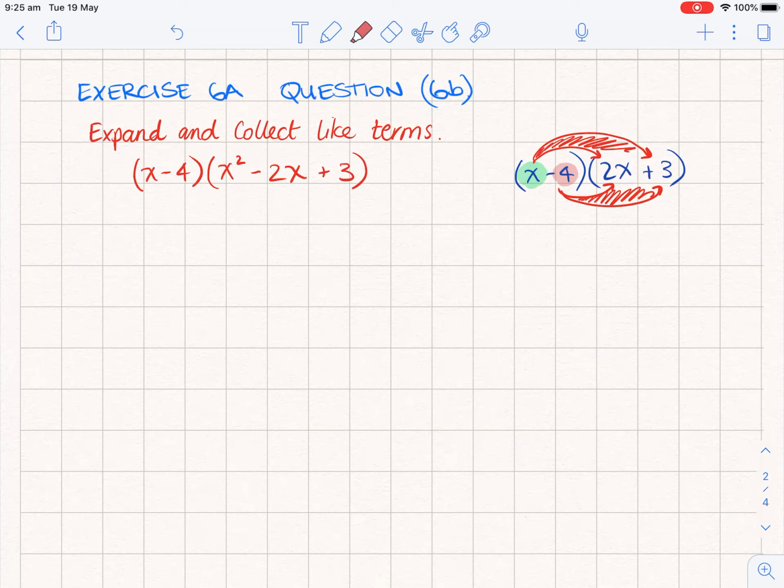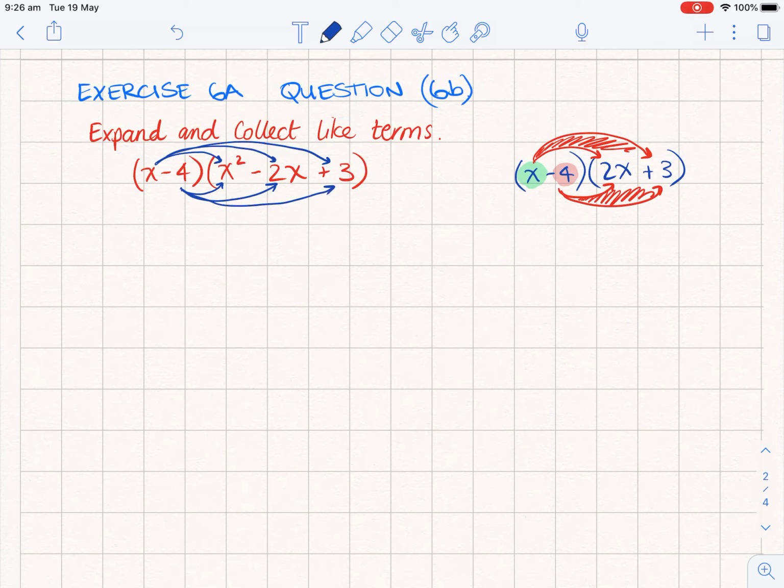So this is the same process, except our second bracket's a little bit bigger. But what I need to do is that same idea. I'm going to take the first term and multiply it by everything in the second bracket, and then I'm going to take the second term and multiply it by everything in the second bracket.